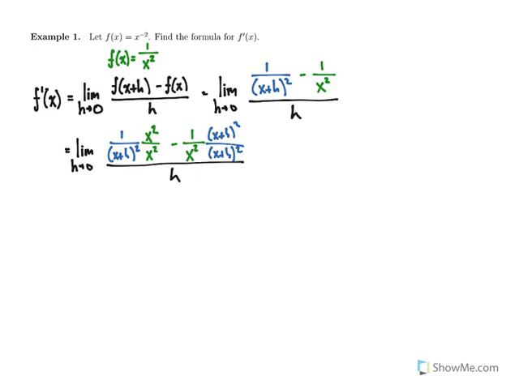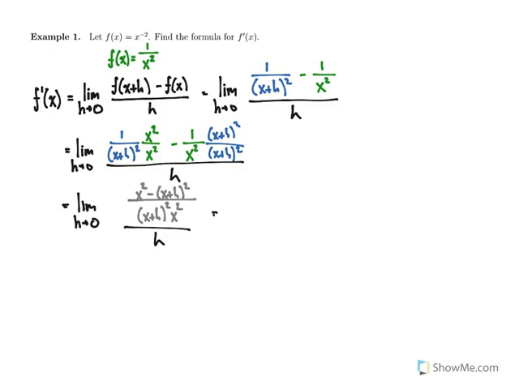And the reason we do this is so that we can create a common fraction in the numerator. We have now a common denominator of x plus h squared times x squared. And on the top, we have x squared minus x plus h quantity squared, all over h.